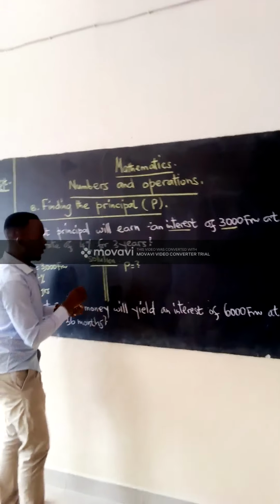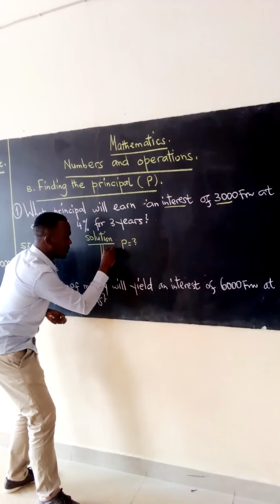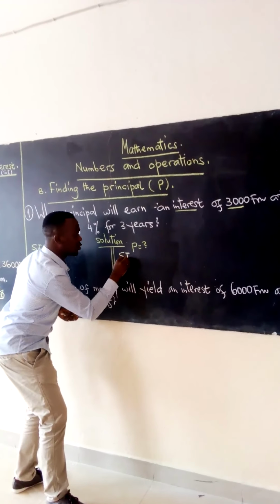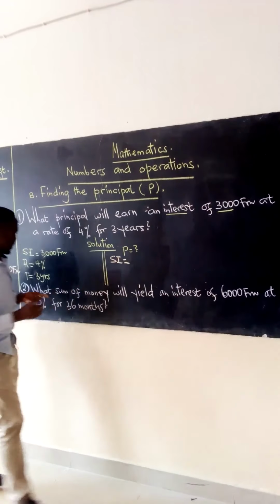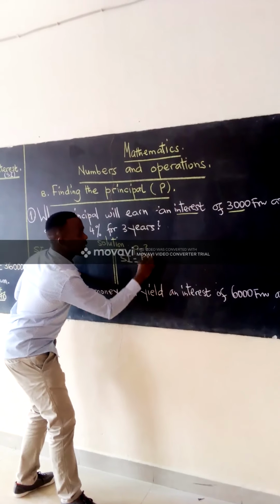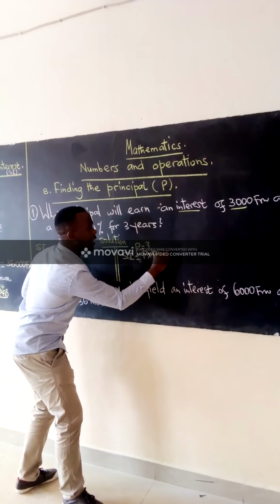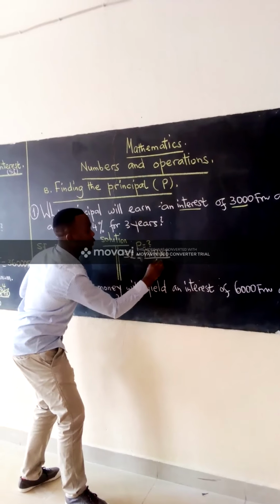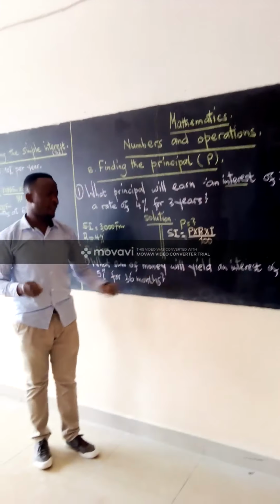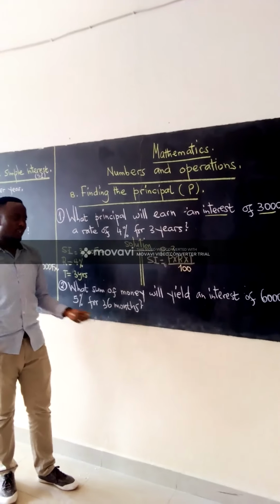Remind yourself what is the formula of simple interest when the time is in years. You do as follows. We have principal times rate times time over 100. This is the formula to find the simple interest.